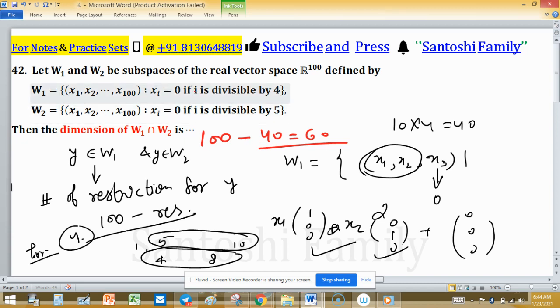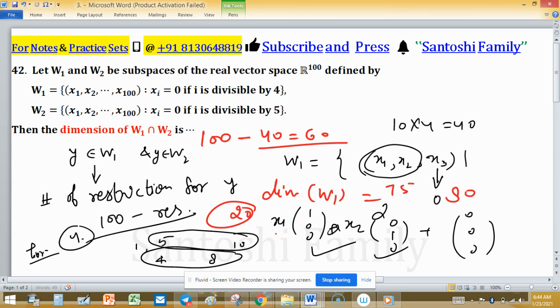Or you can take a common basis for W1 and W2. Also, if you approach it another way, the dimension of W1 is 75 and the dimension of W2 is 80. So there will be some numbers which are common, because i divisible by both 4 and 5, like 20, is one such number.